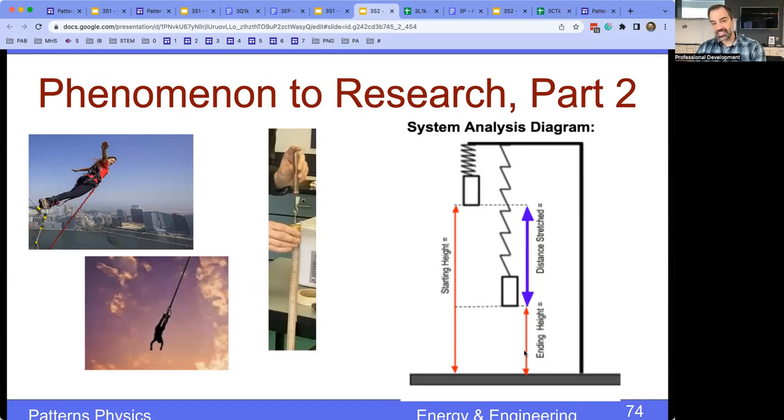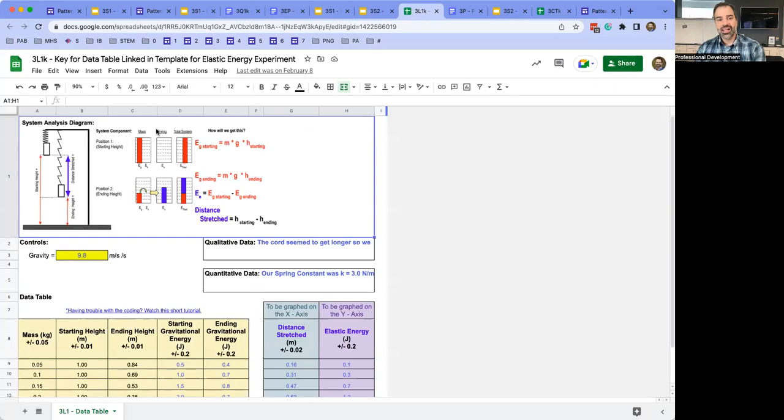And again, here is a small scale system analysis of the bungee jump. They again track the energy and they can figure out that the elastic energy is the difference of the starting gravitational energy to the ending gravitational energy. And then they can use that to actually code their data spreadsheet in their lab.